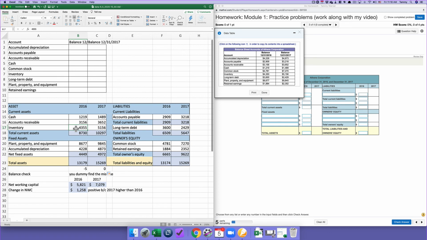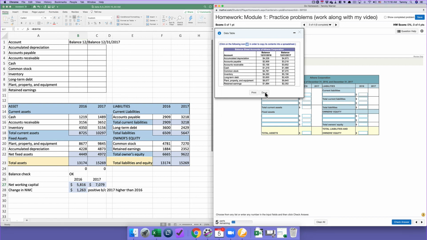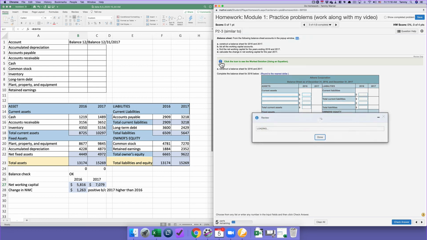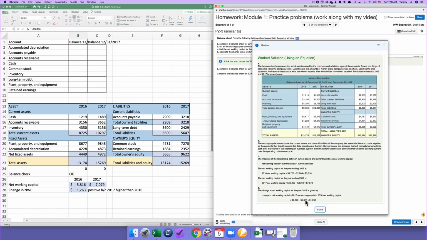So I know that this number is supposed to be 4350, and when I do that, this difference is 0, this comes up as okay, and it is properly calculated. Then if I look over here, I can be pretty confident that this is the right solution. So 1263 here is our change in net working capital, and all these numbers are right.